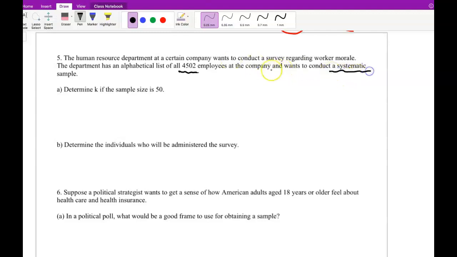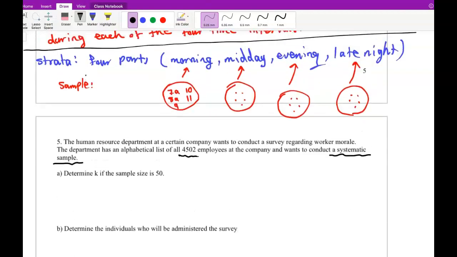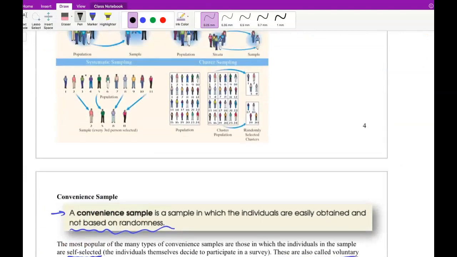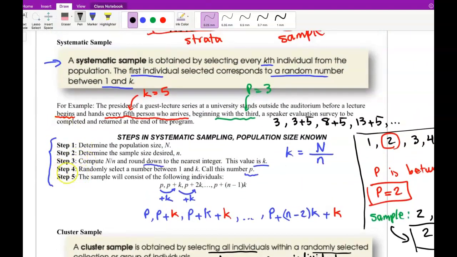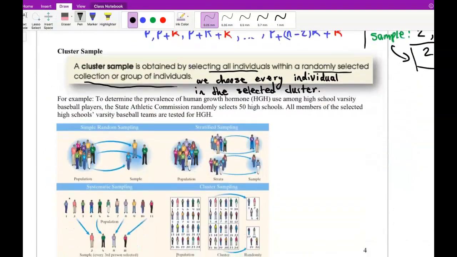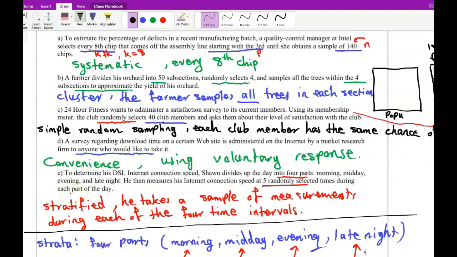So systematic. What that means, you should have K, population size, and sample size. We have to follow these steps, which are for a systematic sample.